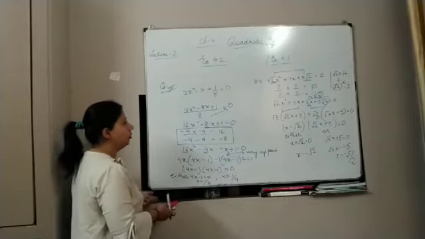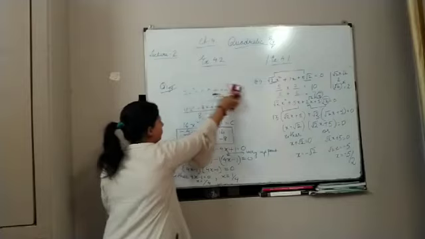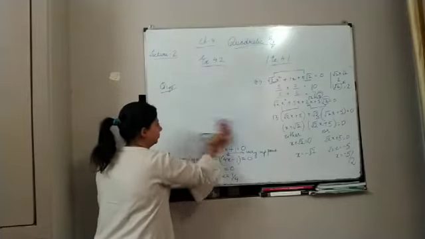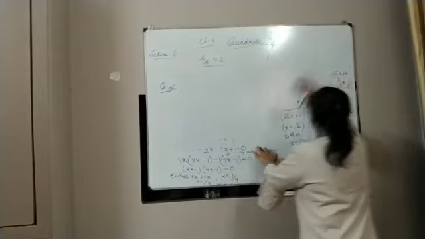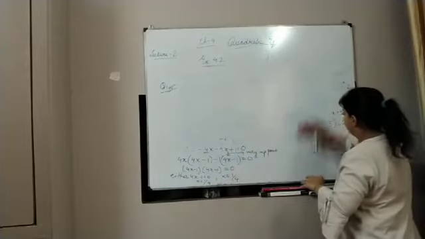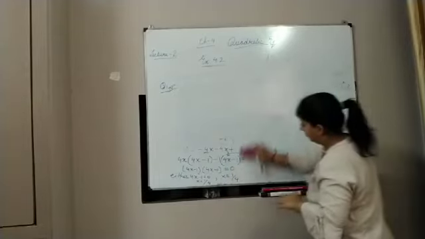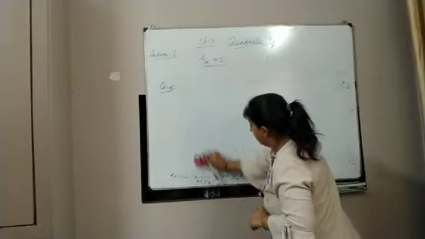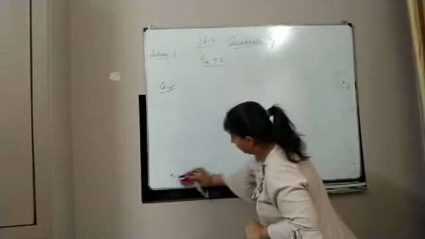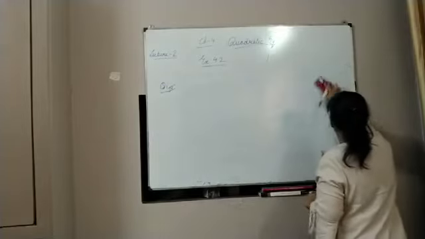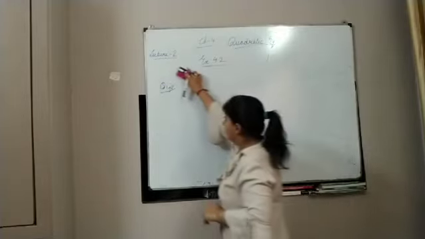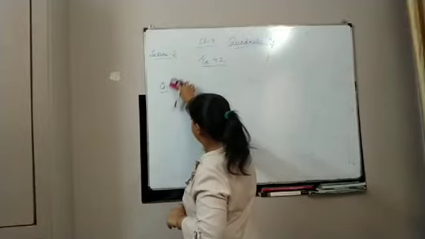I am going to rub the board. Please take care of the negative sign. In the sums having roots, take care of their combinations. This is only important in factorization.